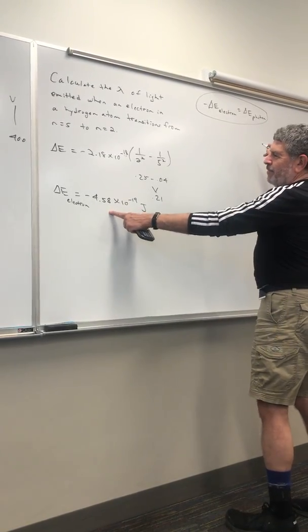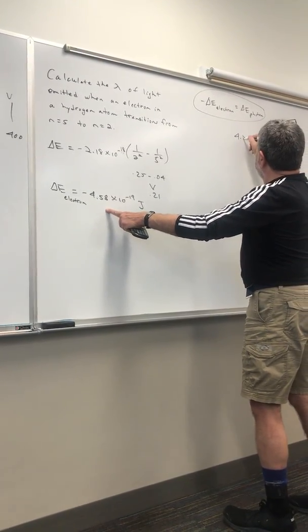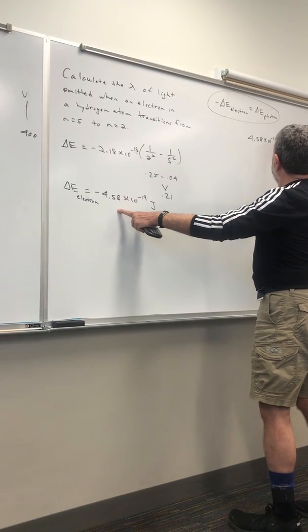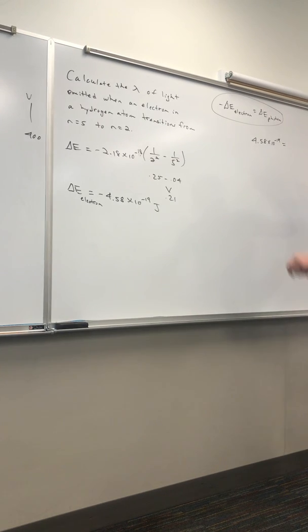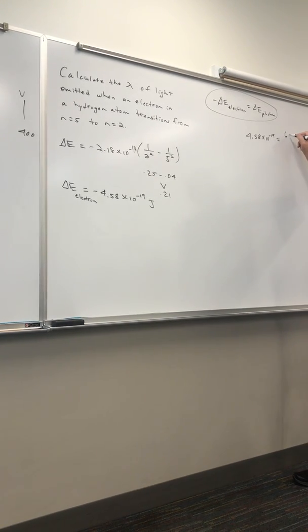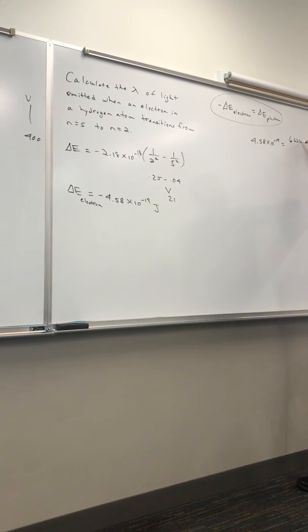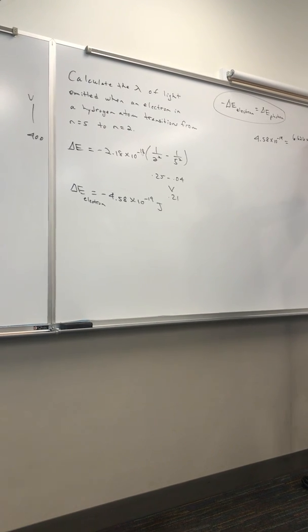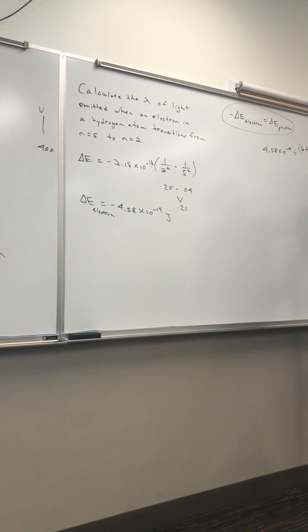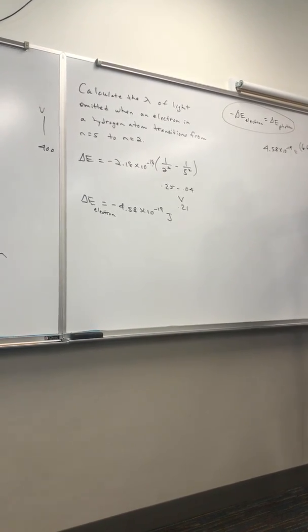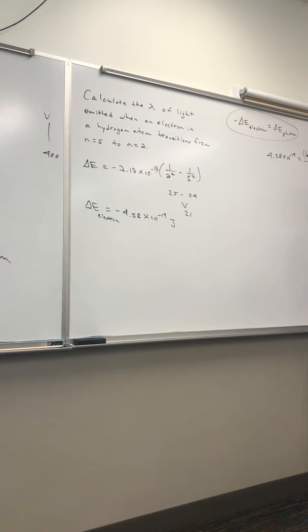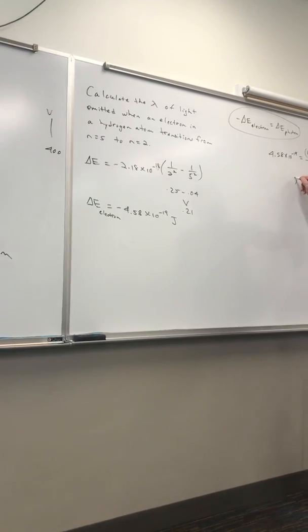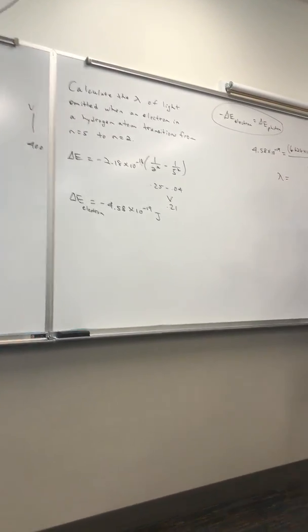Okay, so we have 4.58 times 10 to the minus 19, and we need h, 6.626 times 10 to the minus 34 times 3 times 10 to the 8th, divided by the wavelength.